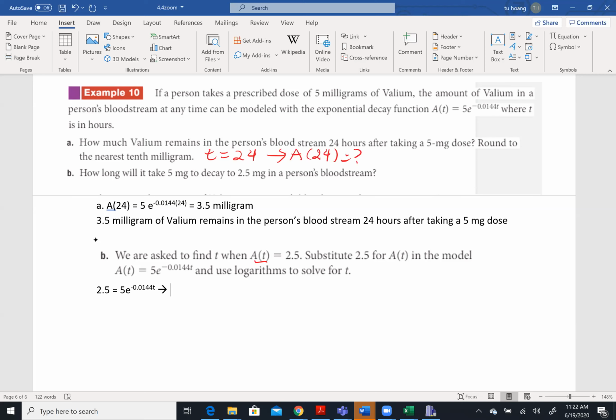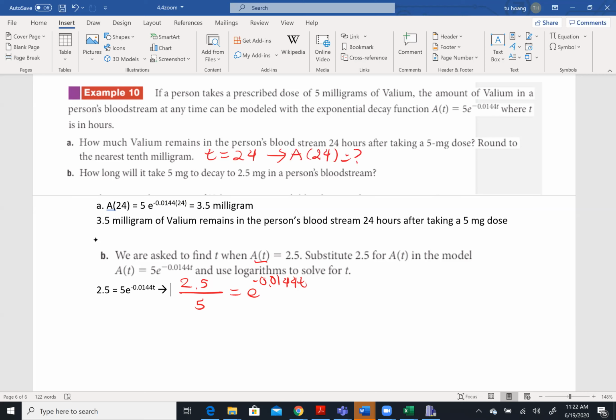So I have 2.5 divided by 5 equal to e to the negative 0.0144t.